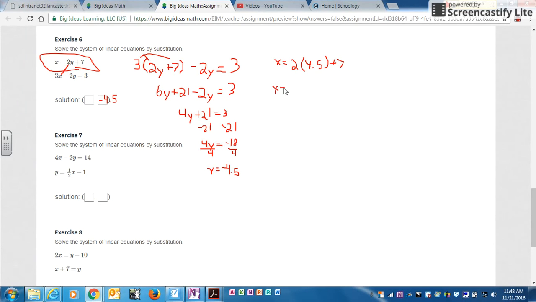So x equals, distribute, 2 times 4.5 is 9. Oh, whoops, negative 9. This should be negative 4.5. So negative 9 plus 7. Very important you don't miss those negatives because you'll get the wrong answer. Negative 9 plus 7 is negative 2. So x is equal to negative 2. And then we can plug it into the other equation to make sure that we are correct.